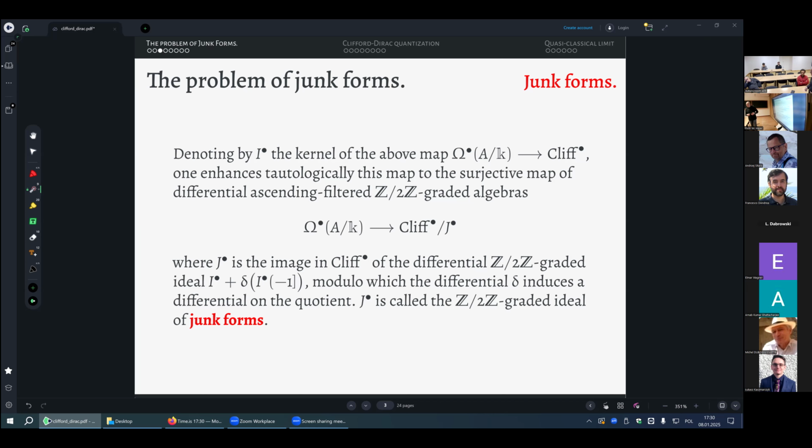This is the subspace, the ideal in this differential algebra, which is responsible for the obstruction for the map being extended to a differential graded algebra map.